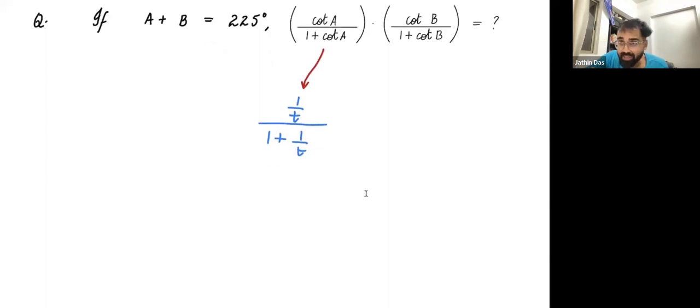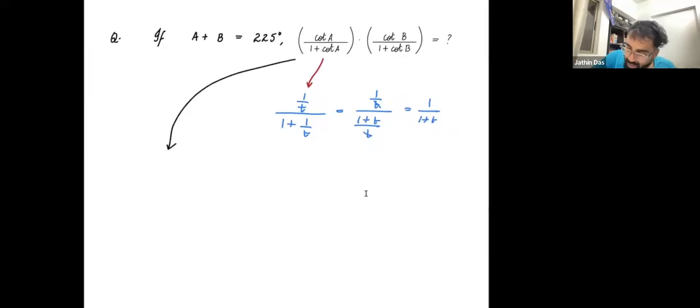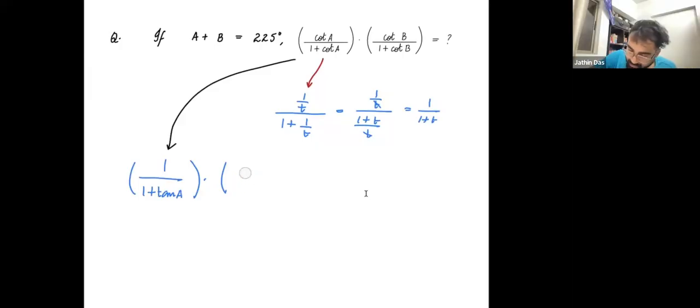It will come like this, right? So 1 by t by 1 plus t by t, this t will cancel. So it will be in the format 1 plus tan. So now the entire thing will look like 1 by 1 plus tan A into 1 by 1 plus tan B.